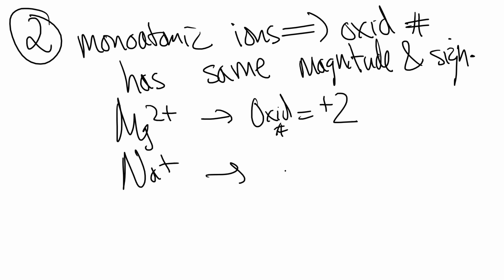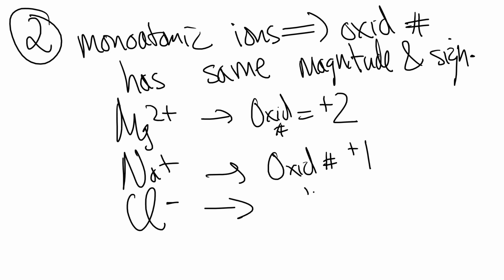Sodium plus means the oxidation number is +1. Again, straightforward. Very easy. You should not have to memorize that in general. It should be almost instinctual. It makes sense. It's logical. By that same fashion, of course, Cl-, the oxidation number is -1. Nitride, N3-, is -3. It all follows the same rule. Good so far. Next one.